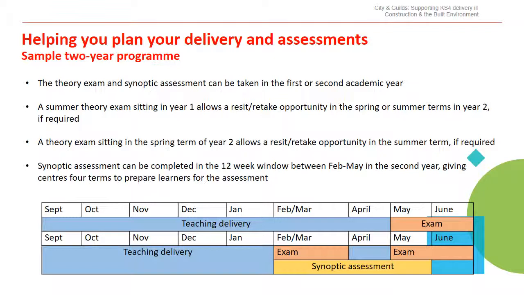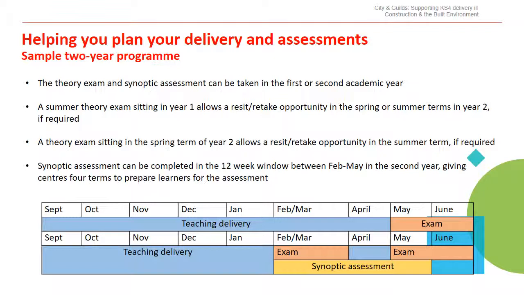When your learners come back and start the second year in September, you then register the synoptic assessment, and that is released to tutors in September of that year. You can then prepare your learners for that synoptic assignment in February and March in the second year, having had all that knowledge delivered in the first year as well.